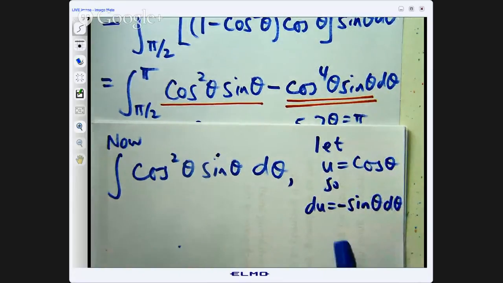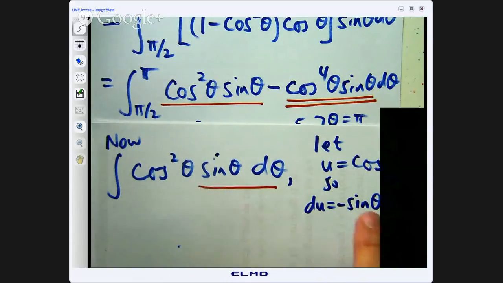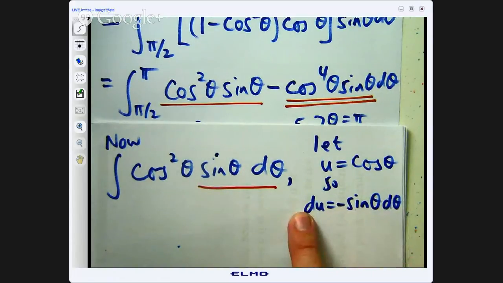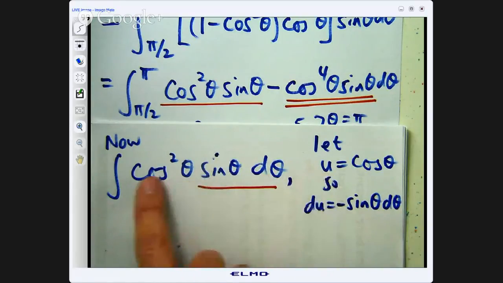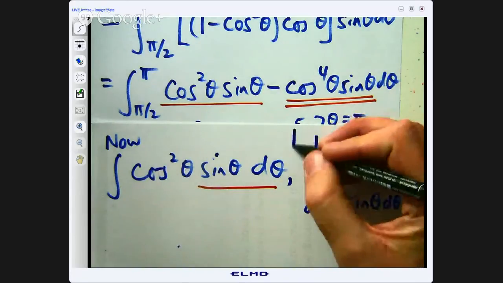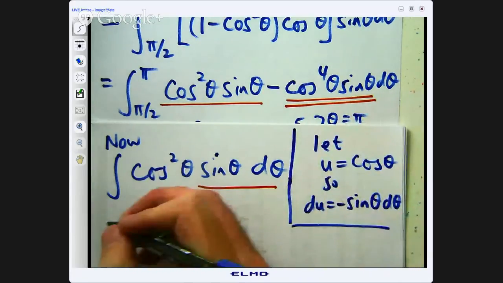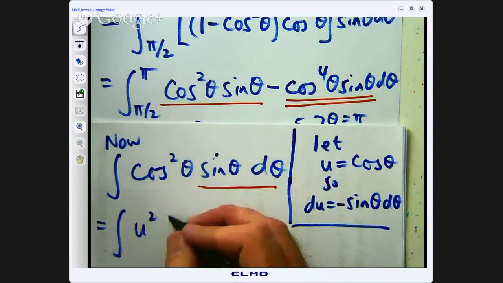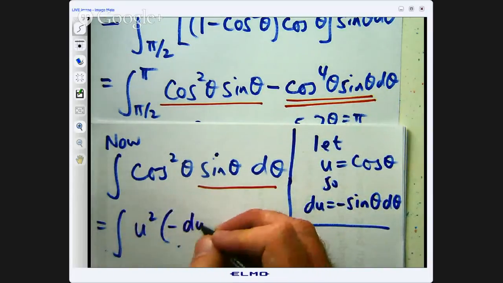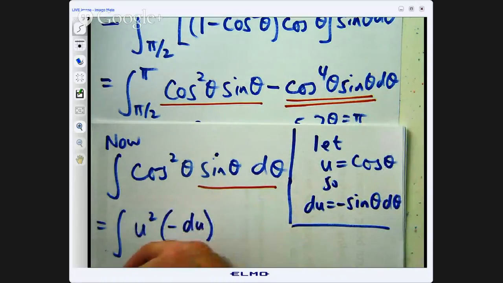So now I've got this here, and that's almost that. Just take the negative sign to the other side and replace that with negative du. Replace cosine theta with u, so I'm going to get a u squared here, times negative du. Take the negative out the front.